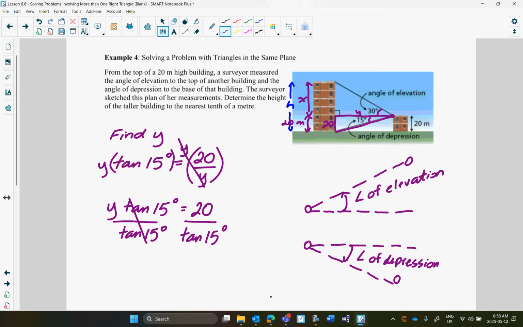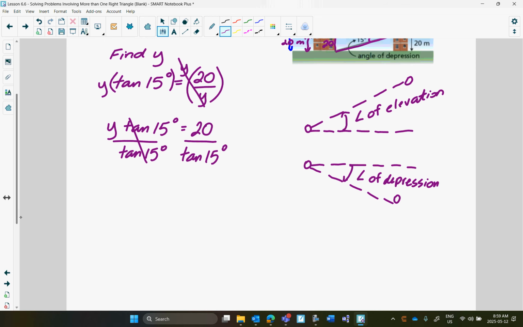When I do 20 divided by tan 15, and it says nearest tenth of a meter, so I'm going to answer this to the nearest tenth. Y works out to approximately 74.6.